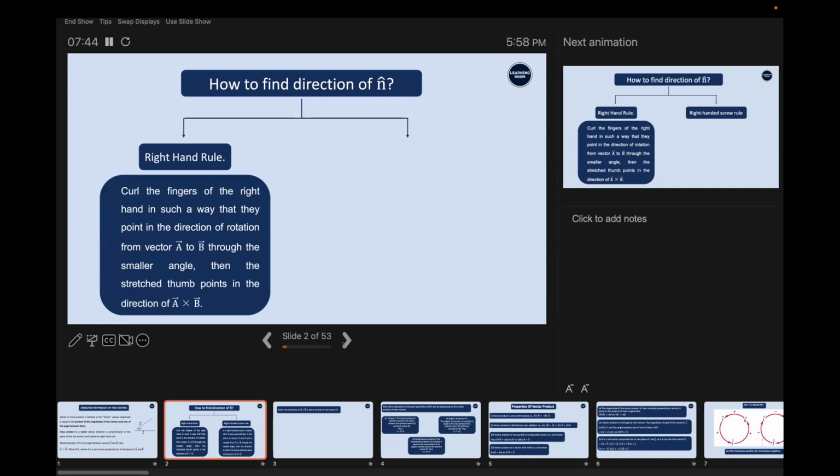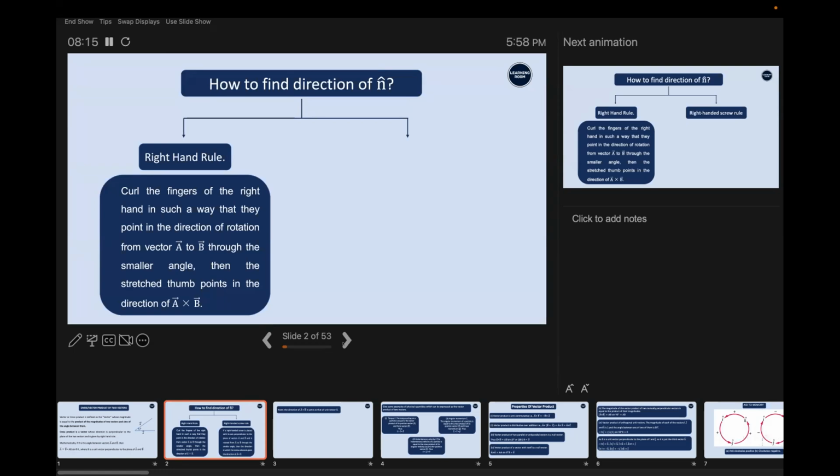Curl the fingers of your right hand in such a way that they point in the direction of rotation from A vector towards B vector in the smaller angle that is possible. After you curl the fingers, immediately stretch your thumb, and in whichever direction the thumb is extended will give you the direction of n cap.